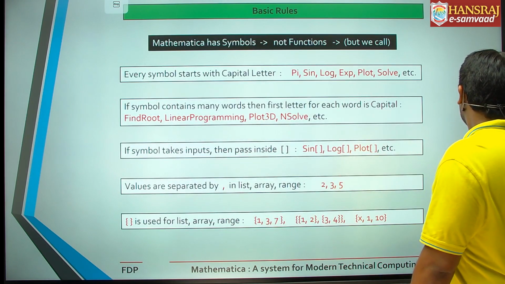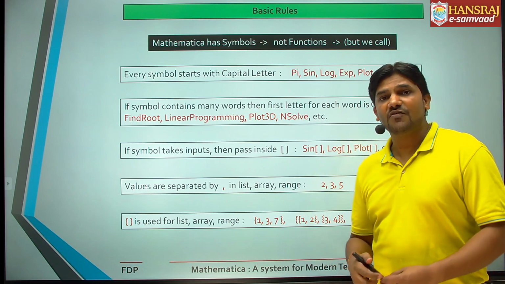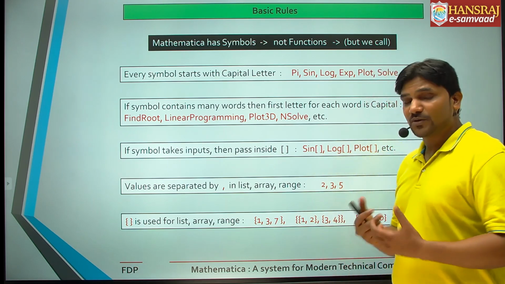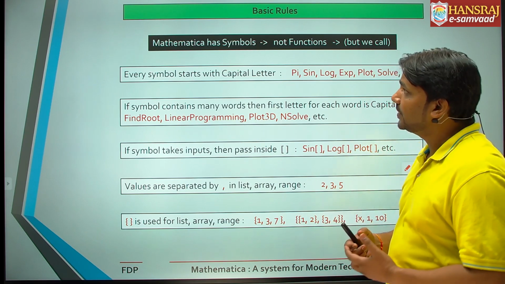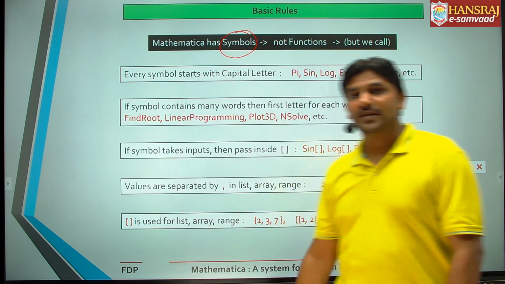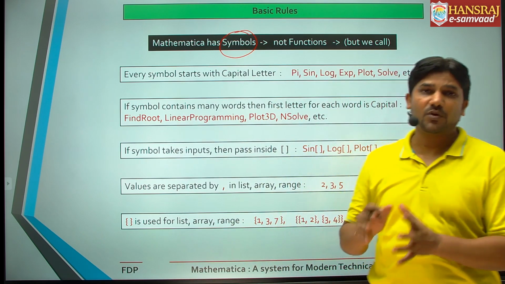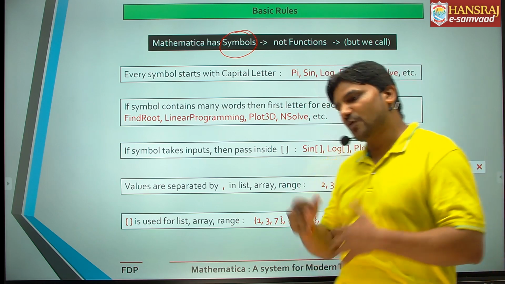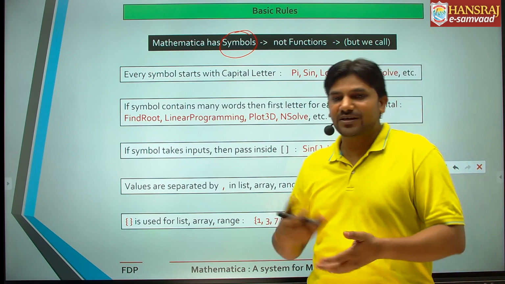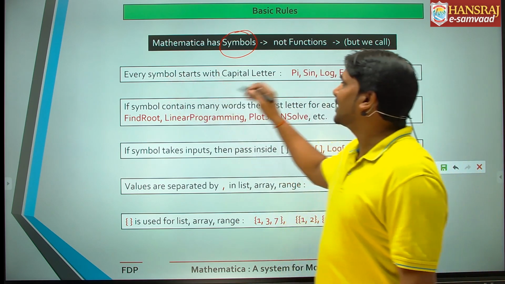So let us understand the basic rules of Mathematica, how we will use it, and what set of rules you need to follow. Mathematica works on symbols, not variables, but we call them variables as we are already habituated to that. Every symbol starts with a capital letter.